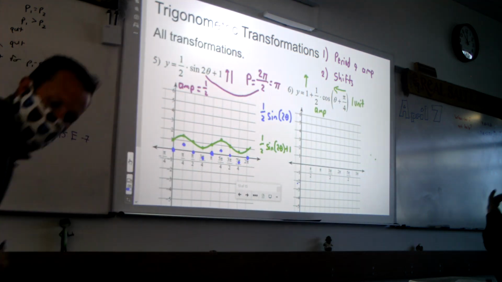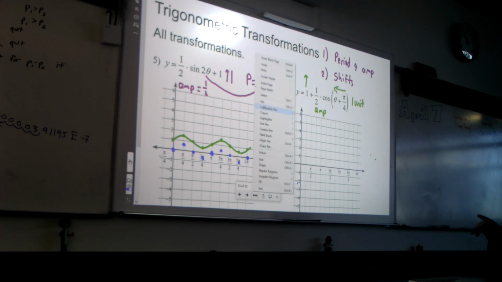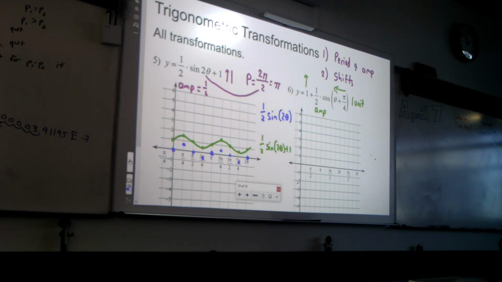So the amplitude is 1/2. I'm going to start with 1/2 cosine of theta. Just change the amplitude. Once that's done, then I'm going to shift everything up 1, left 1, and that covers it. We're done.